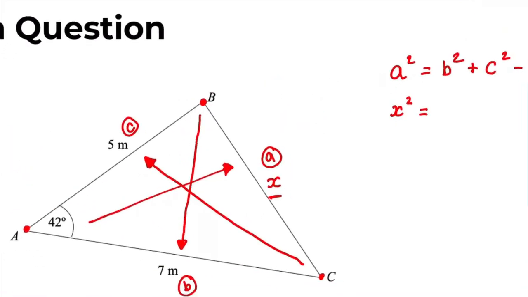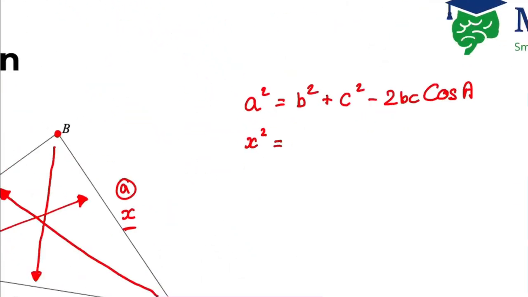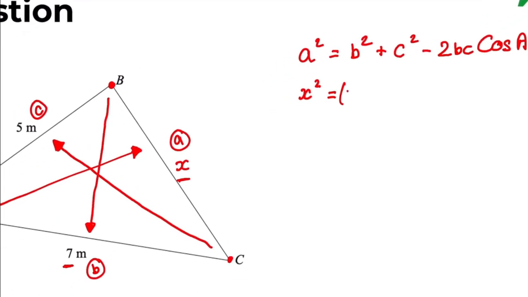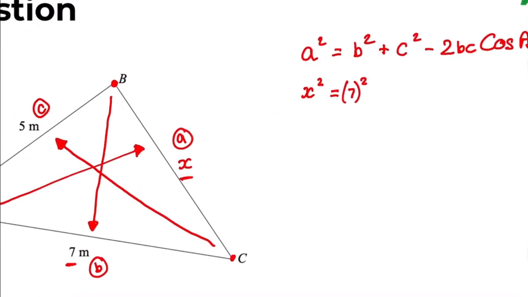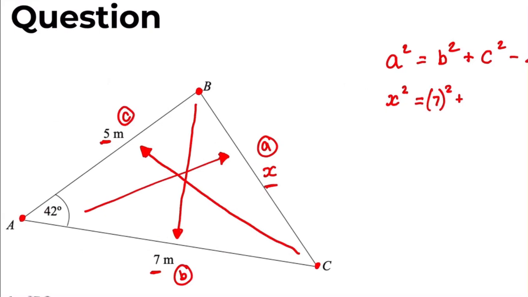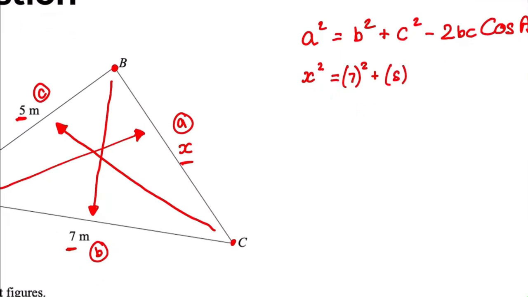Instead of lowercase b, we're going to write in 7, because 7 is lowercase b over here. So 7 squared. Instead of lowercase c, we're going to write in 5, so it's going to be 5 squared.